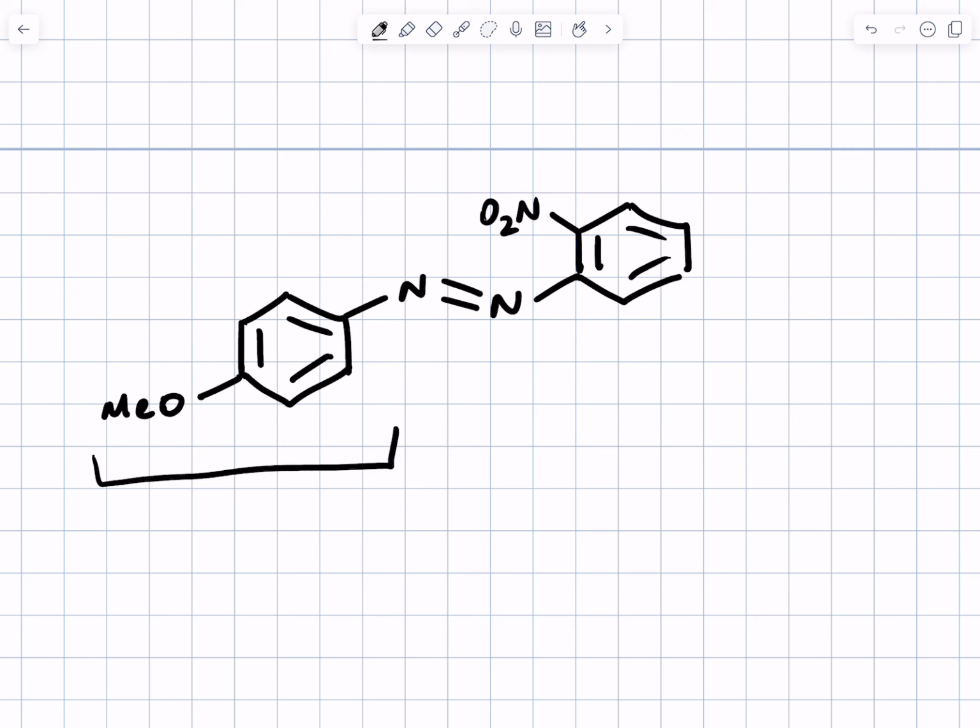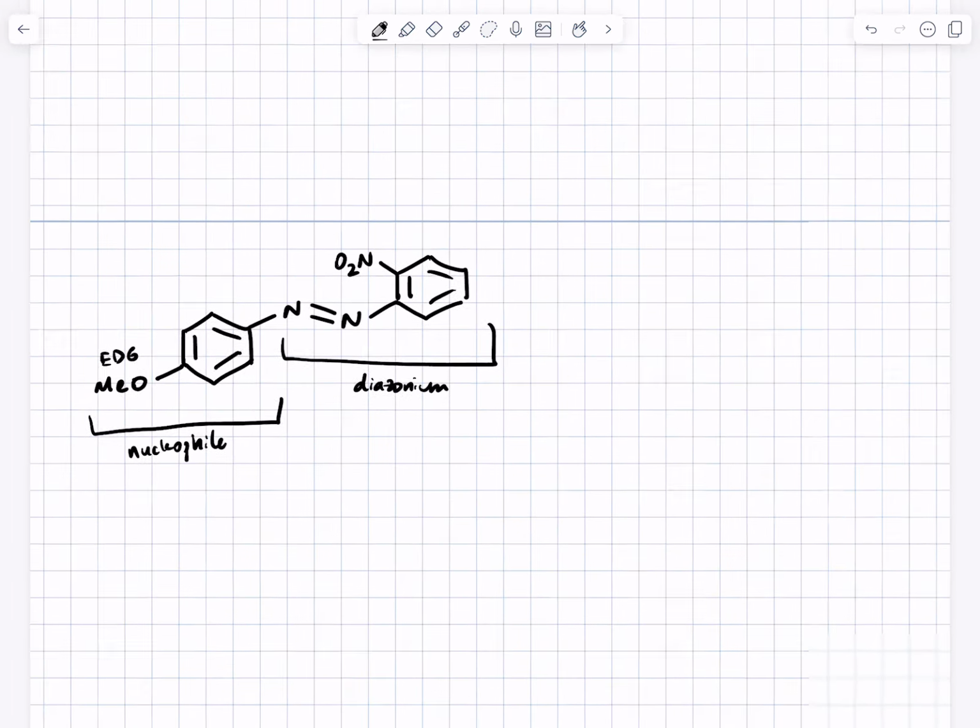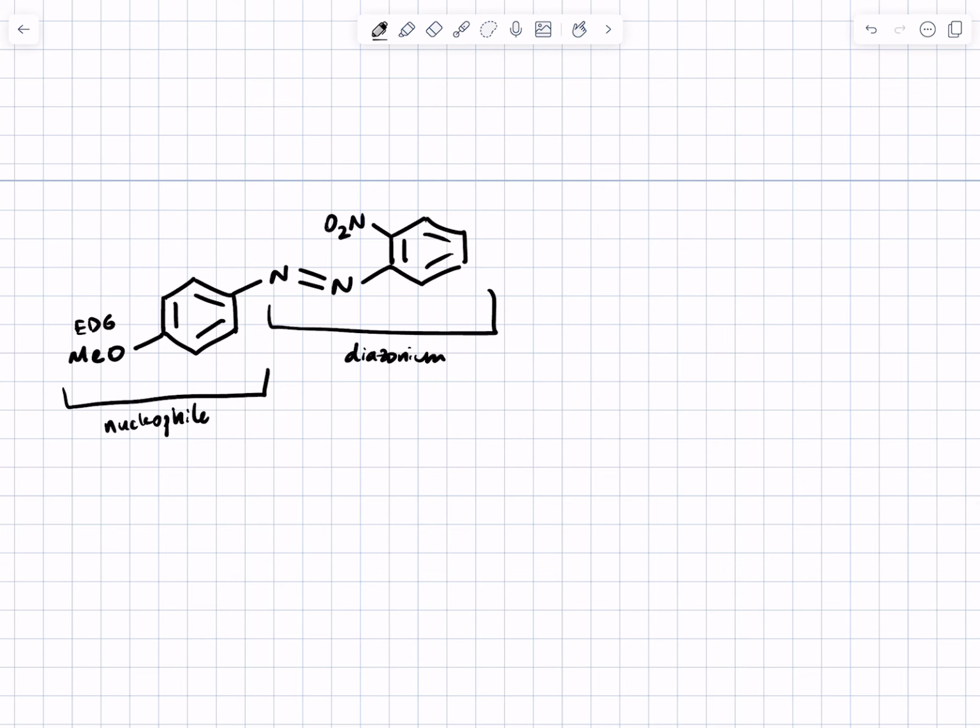So because this has an electron donating group, probably this side should be the nucleophile. Probably this side should be the diazonium salt. So let's think backwards. In synthesis, it's often better, instead of starting at the beginning, to start at the end and work your way backwards.